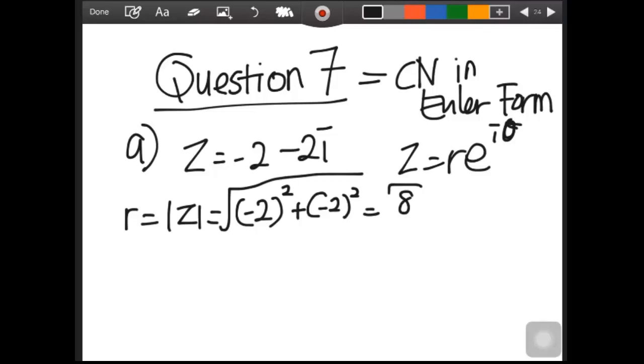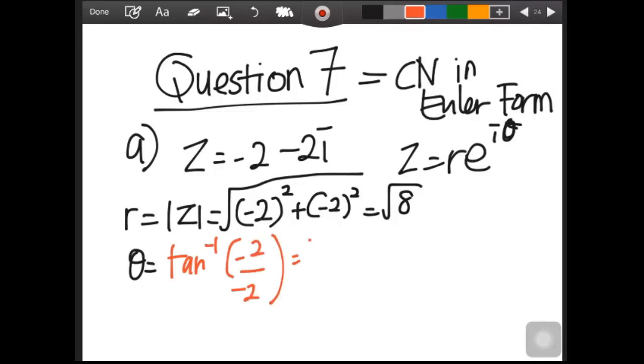So dia punya theta pula sama lah. So theta sama dengan shift tangent of negative 2 per negative 2, ataupun shift tangent 1. Right, 1. So kita tahu yang ini adalah 45.